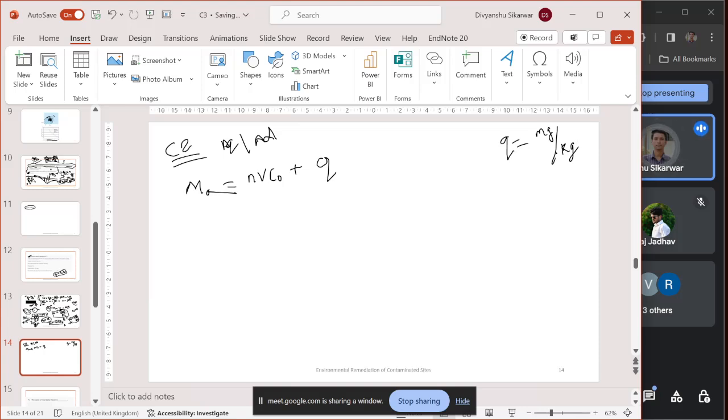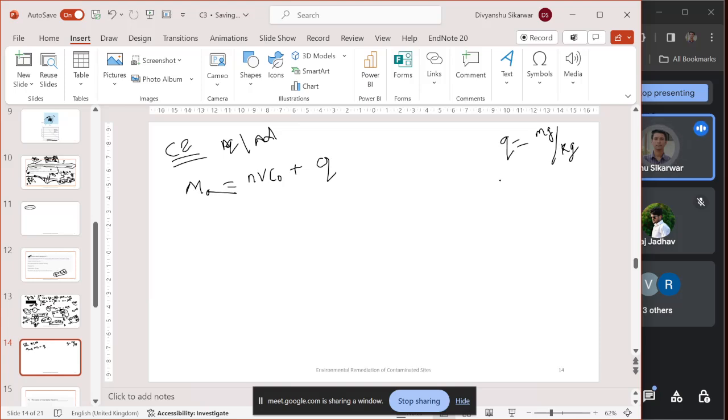So we also need to calculate how much soil we have in this volume. Then only we will get how many kg of contaminant is present which is adsorbed on the soil, right? So for that, we need to calculate how much soil is there.